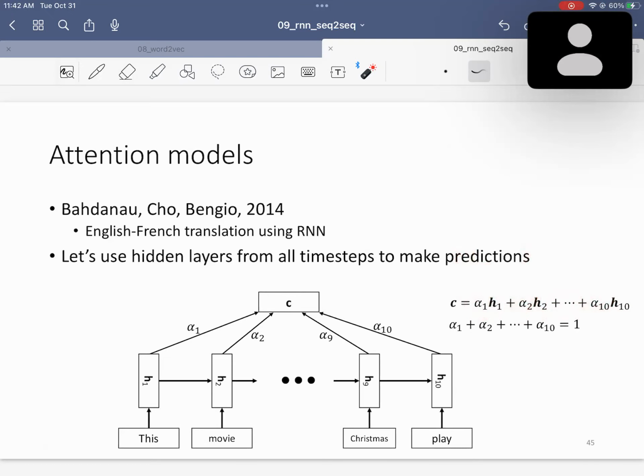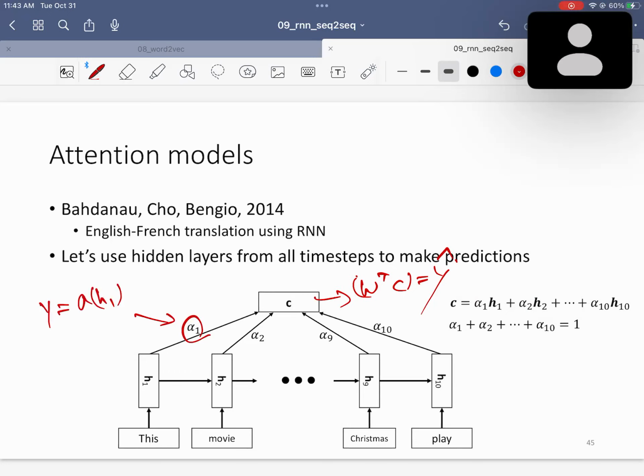And C will be plugged into a sigmoid, with W_C becoming a Y hat, and alpha is generated from y equals a(H1), something like that.